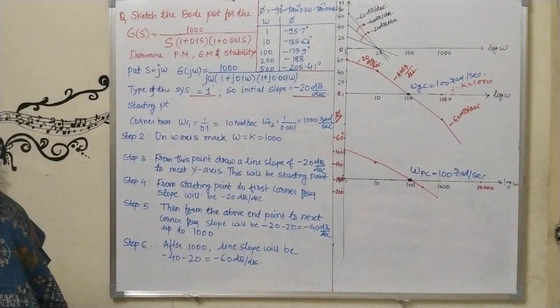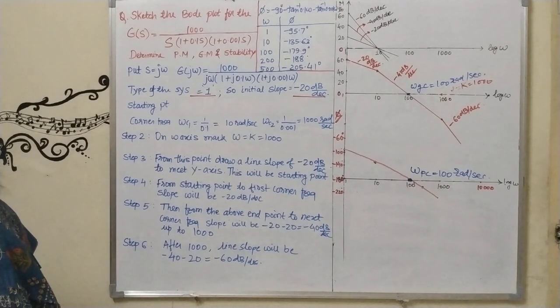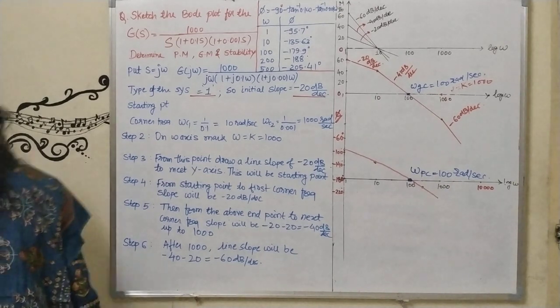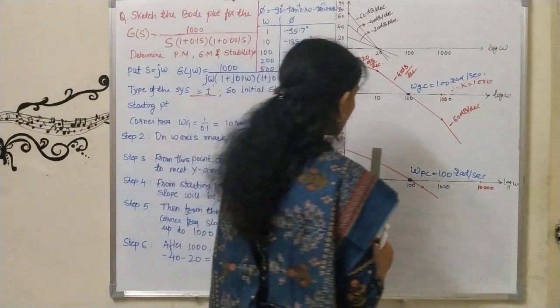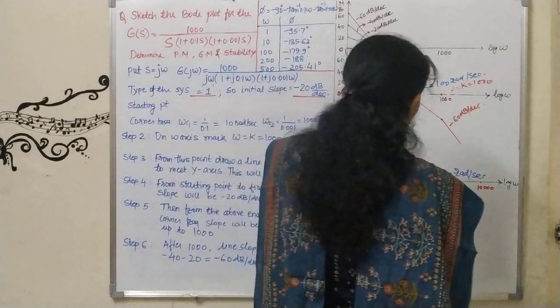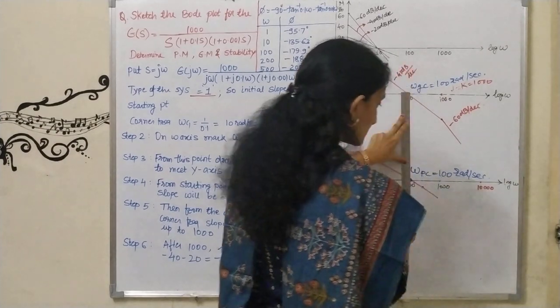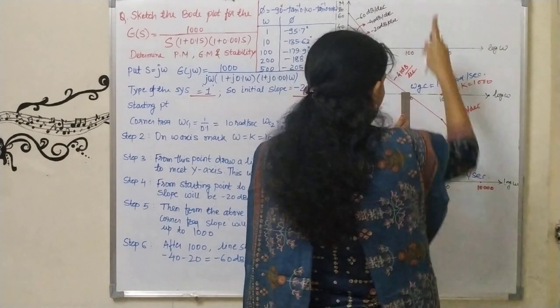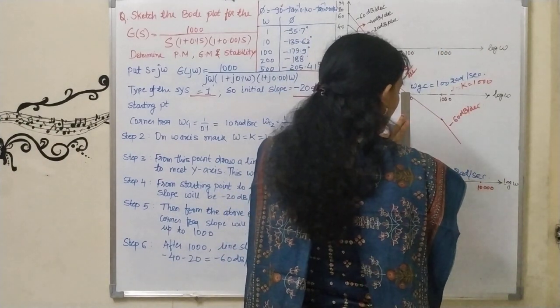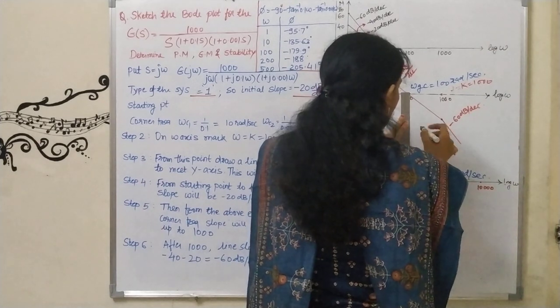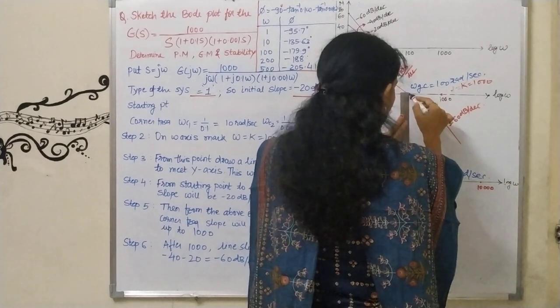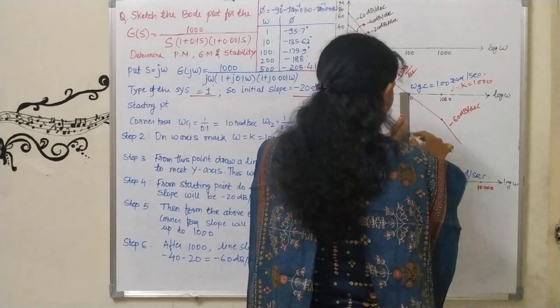Okay, so see, I am just drawing the line now. For calculating, look at this. Here actually I will extend from the point of intersection. Okay, so from omega PC I will draw the line that will intersect this phase plot.